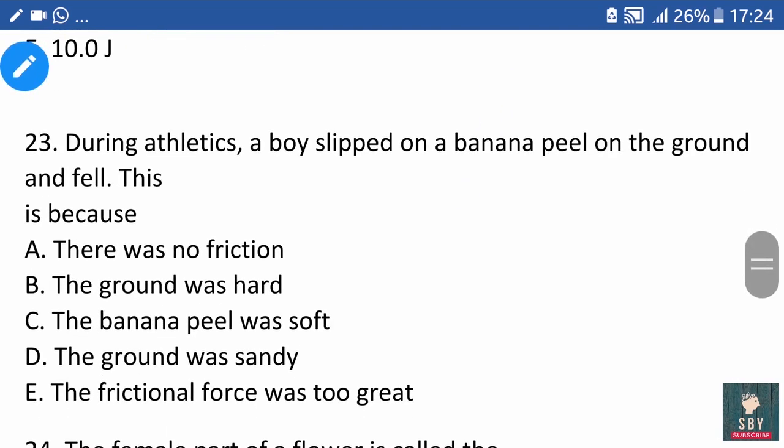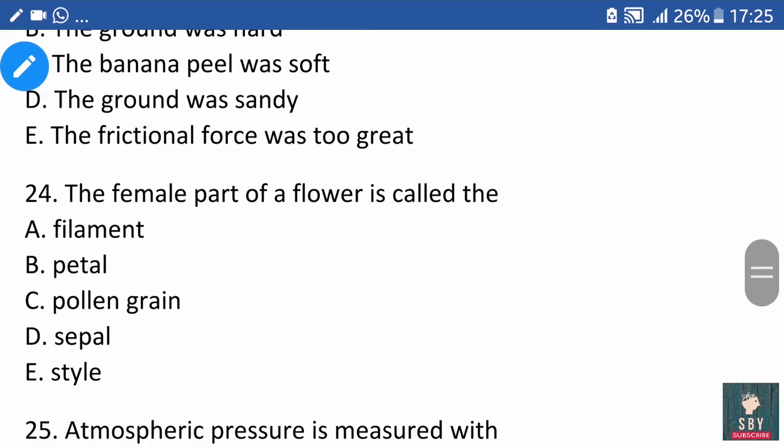During athletics, a boy slipped on a banana peel on the ground and fell. This is because there was no friction. If there was friction, he wouldn't have fallen. The female part of a flower is called: the filament, the petal, the pollen grain, the sepal, and the style.